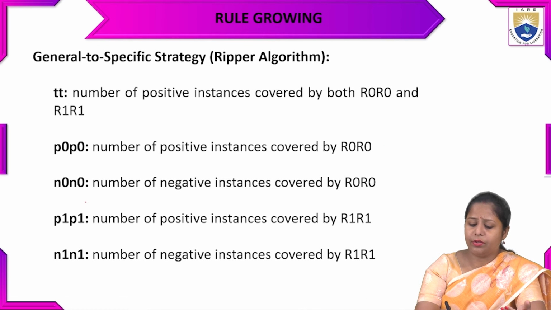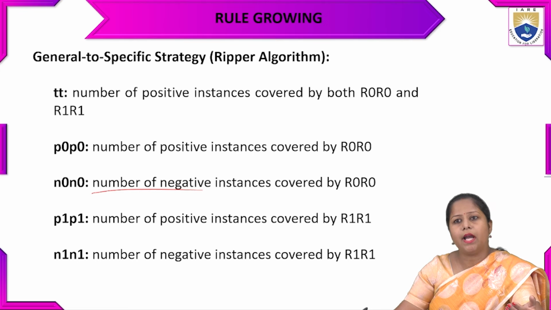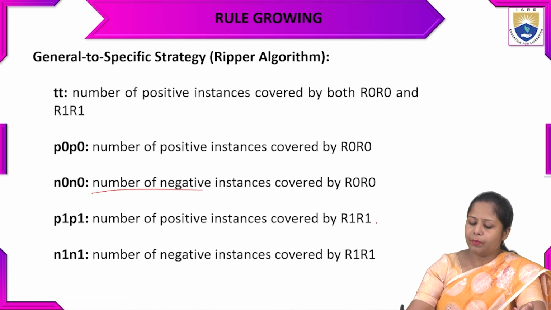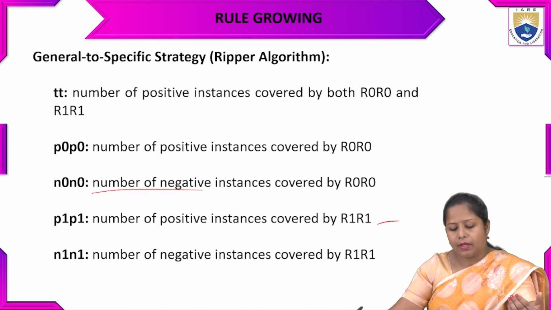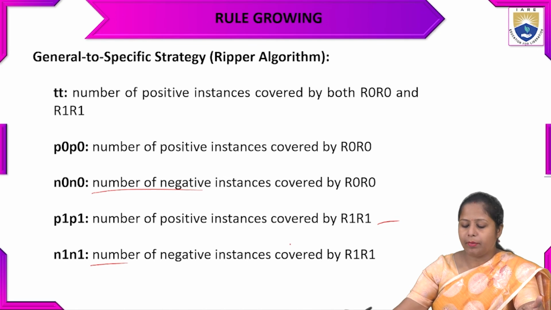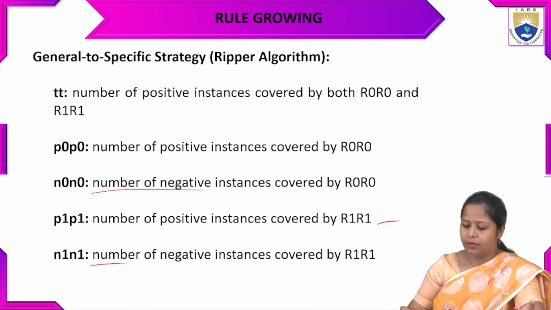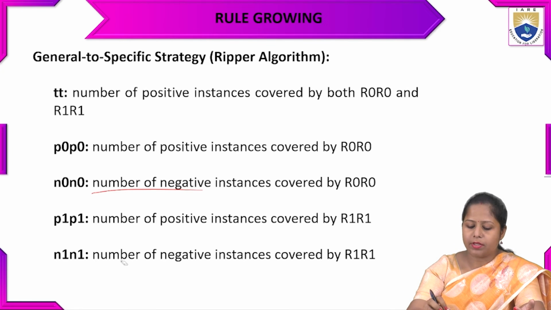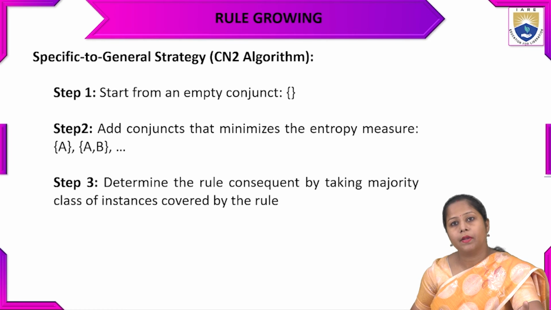N0 was the number of negative instances covered by R0. P1 was the number of positive instances covered by R1, and N1 was the number of negative instances covered by R1. So that was the important terminology in that particular algorithm.